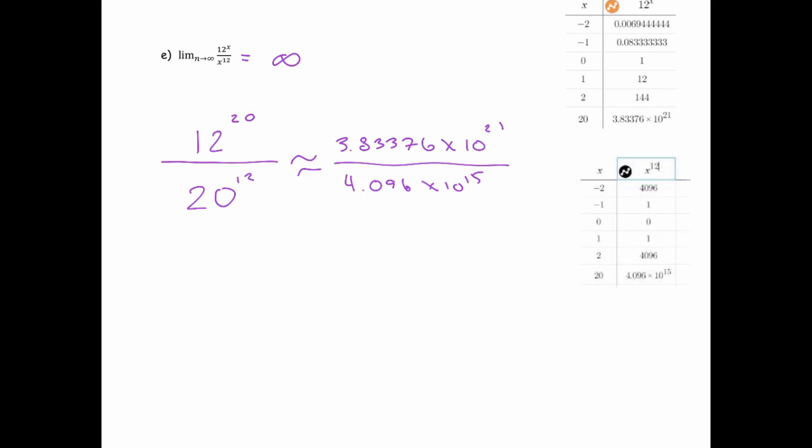And we'll use this as a source for this statement, which is that exponentials of the form a to the x, where a is bigger than 1, grow faster than polynomials.